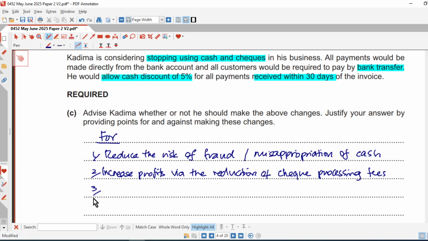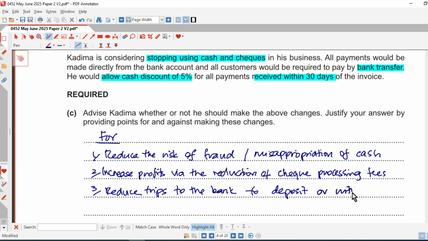Now, what else can you tell me here? If I stop using cash and checks, what's going to happen? I can reduce trips to the bank. Am I right? So you don't carry cash with you anymore.